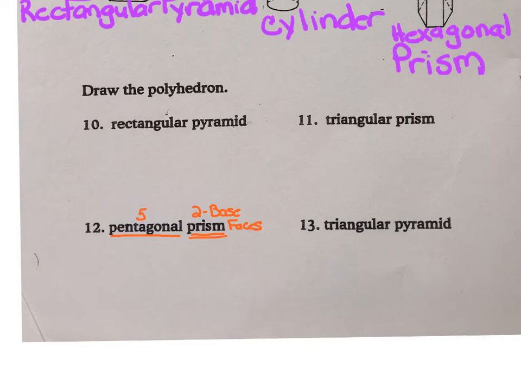So let's start by drawing the bottom. Let's make 5 points or dots like so. And this will represent our pentagon on the bottom of our prism.